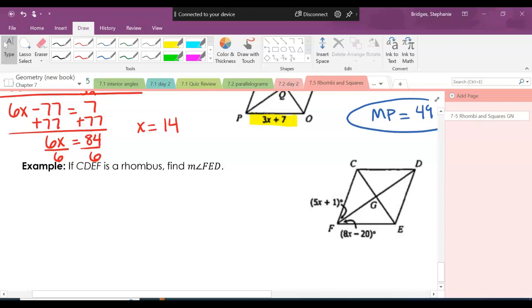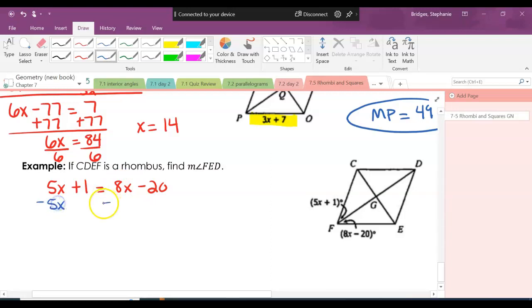Setting up our equation, 5x plus 1 equals 8x minus 20. We're going to work on solving this equation.